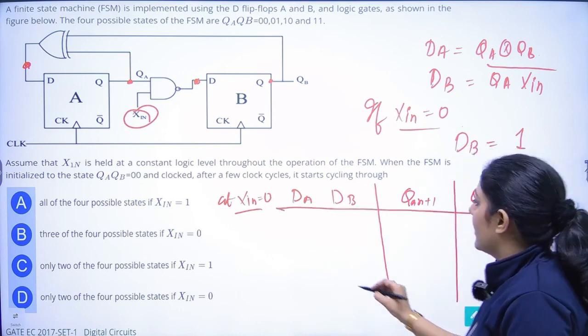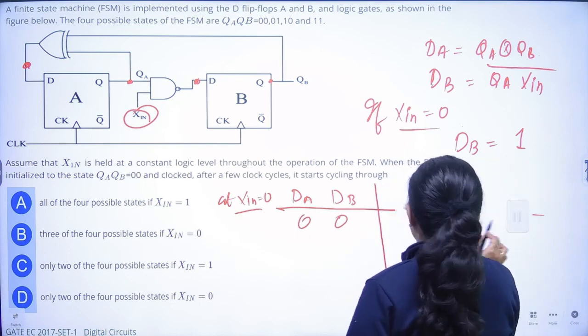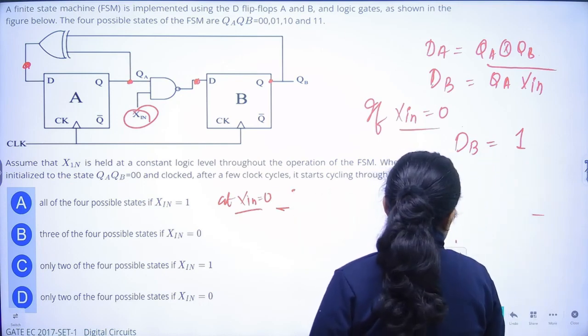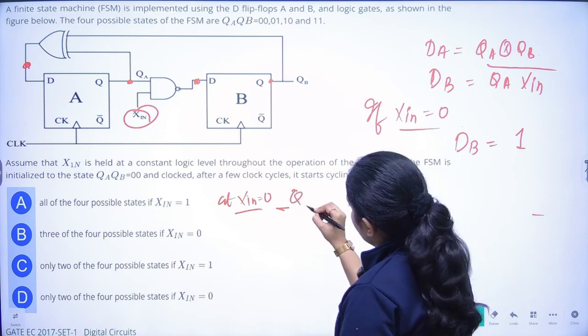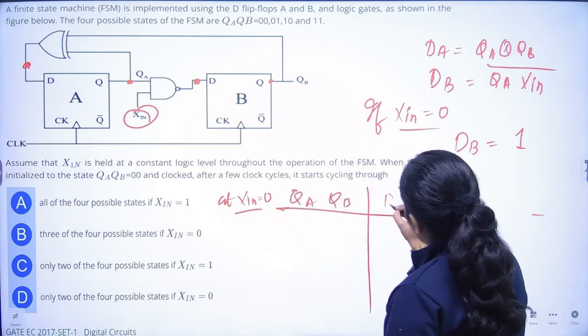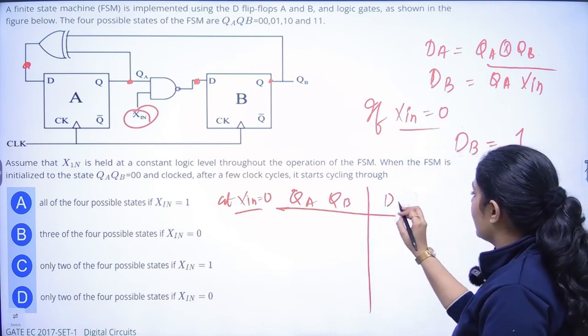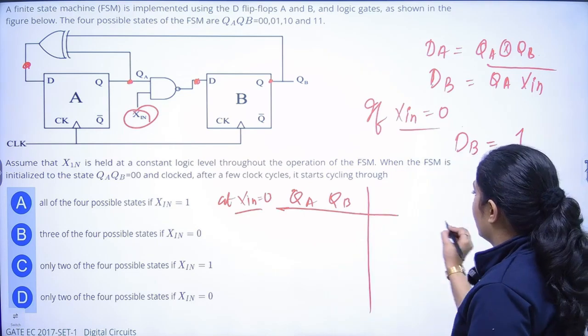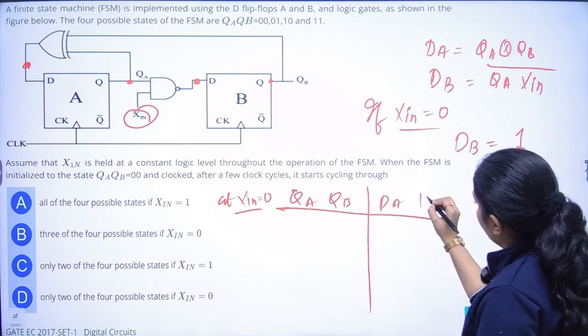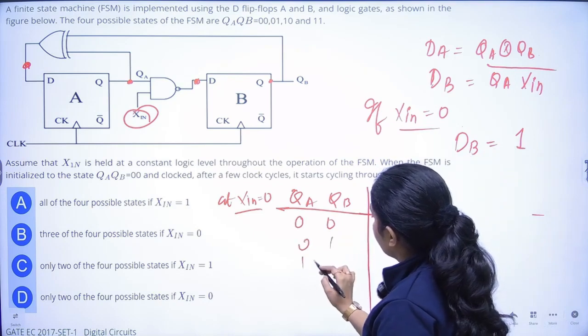Next, so inputs are 0, 0, or rather let me write like this. The initial states QA, QB and DA, DB. So DA, DB anyhow tells us the next state. DA, DB: 0, 0, 0, 1, 1, 0, 1, 1.